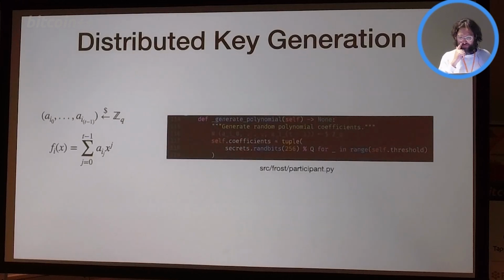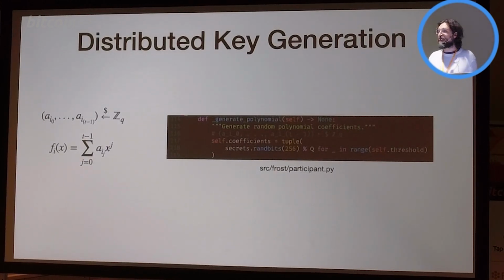So what does this look like in code? We just get some 256 random bits, mod q. We iterate until we get a series of coefficients such that the degree is t minus 1.